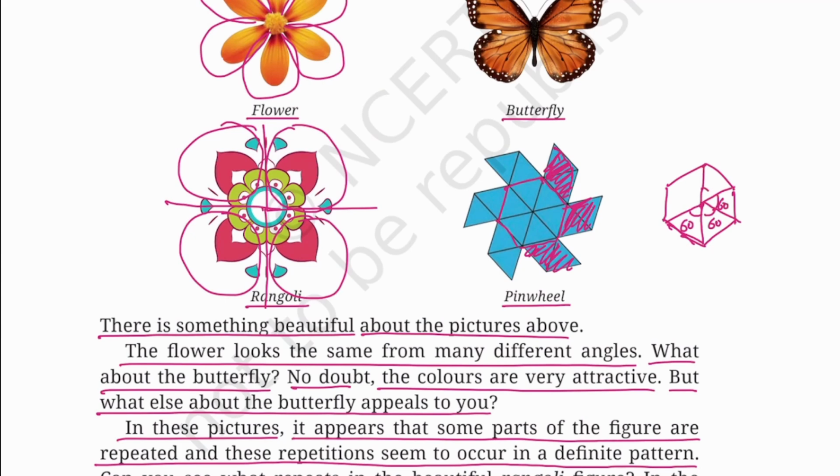You can see here. You can see this half is the same as this half. Similarly, along this line, this half is the same as this half. Similarly, there are other lines too.